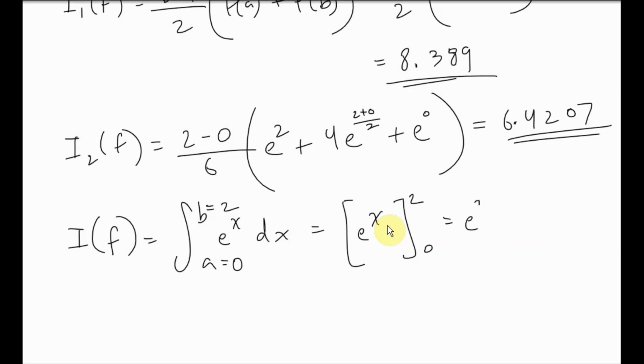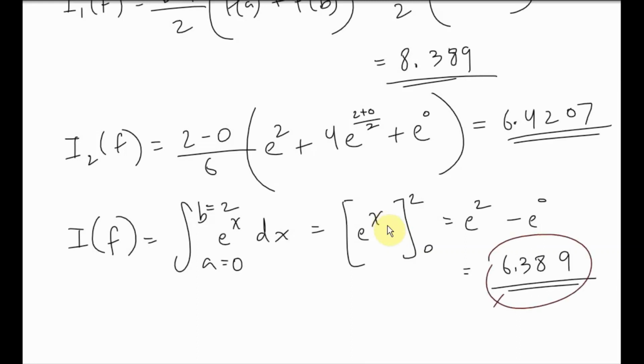That's basically e to the power of 2 minus e to the power of 0. And that's going to give you 6.389. So this here is the exact integral, right?